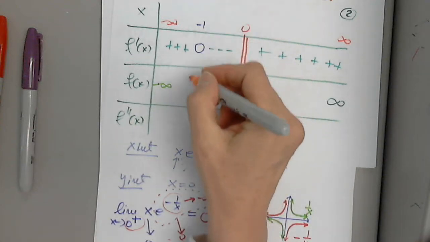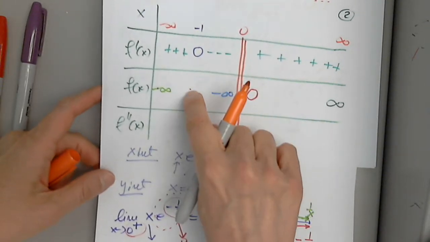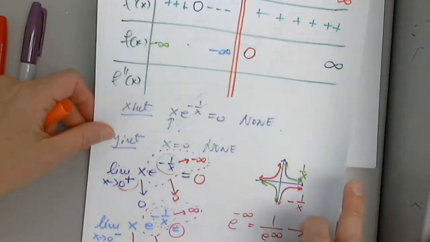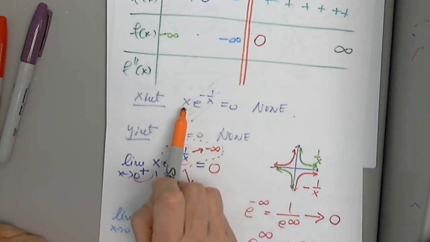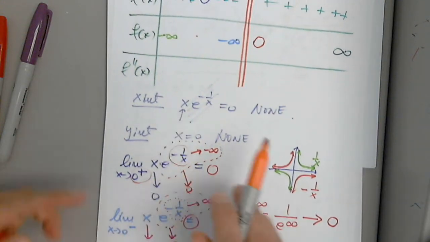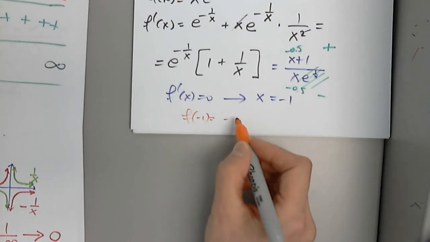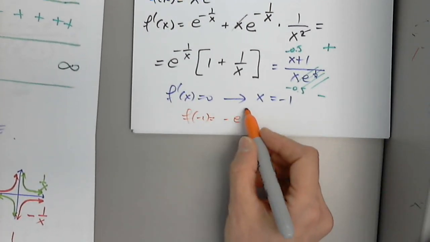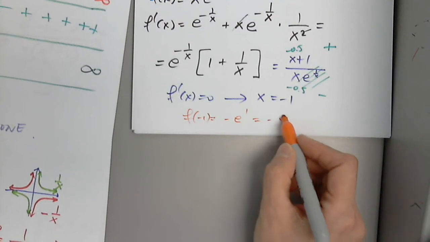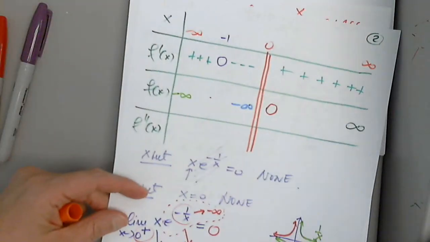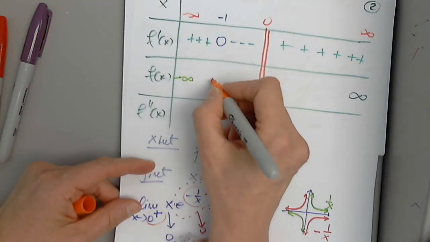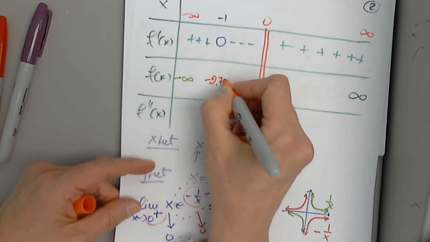Okay, I have to plug in -1 in the function and find the y value before we proceed. So I have to find f of -1. I have -1 times e to the first power, so this is negative e, and this is -2.78.